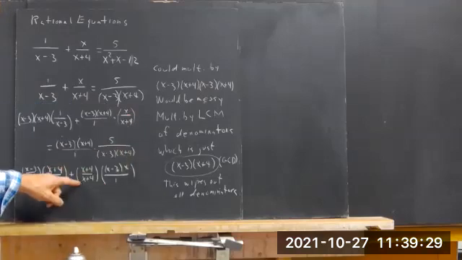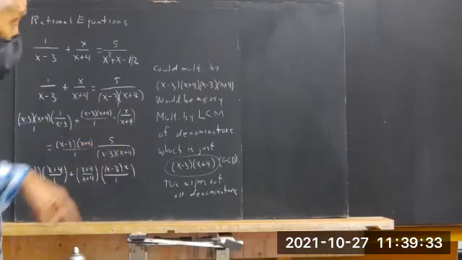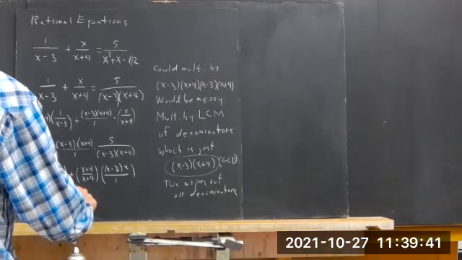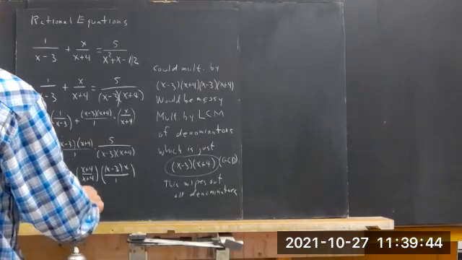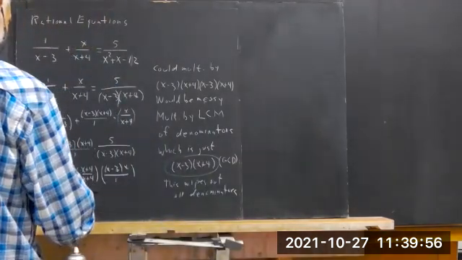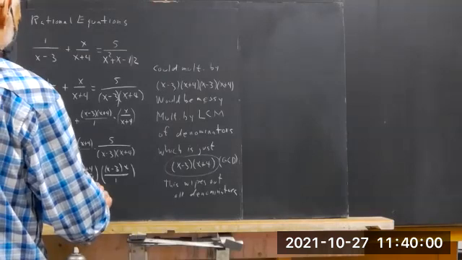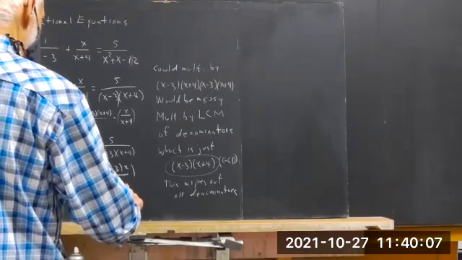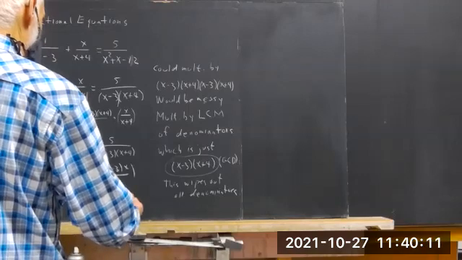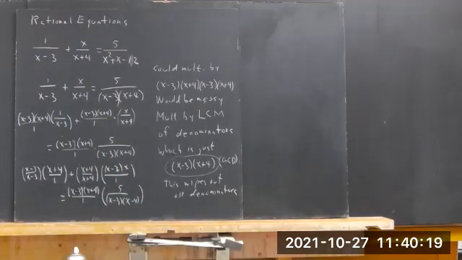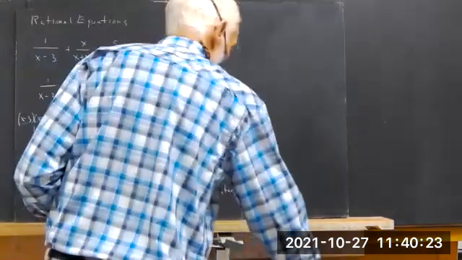If I multiply the numerators here, multiply the denominators, I get the same thing as if I multiply these denominators. And this equals what I already wrote.